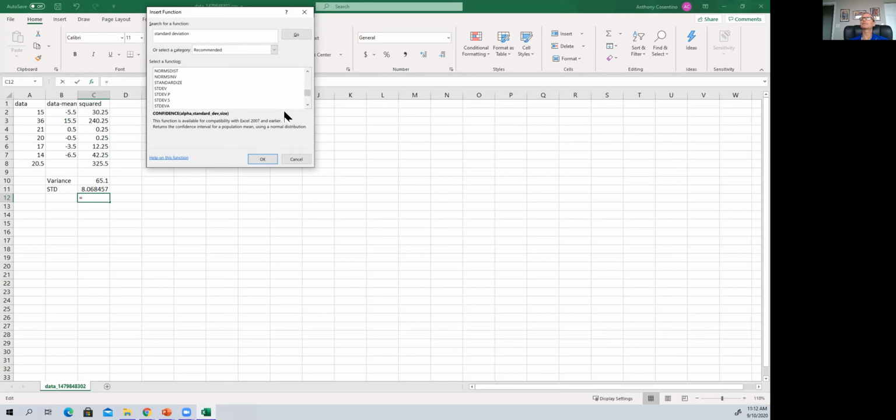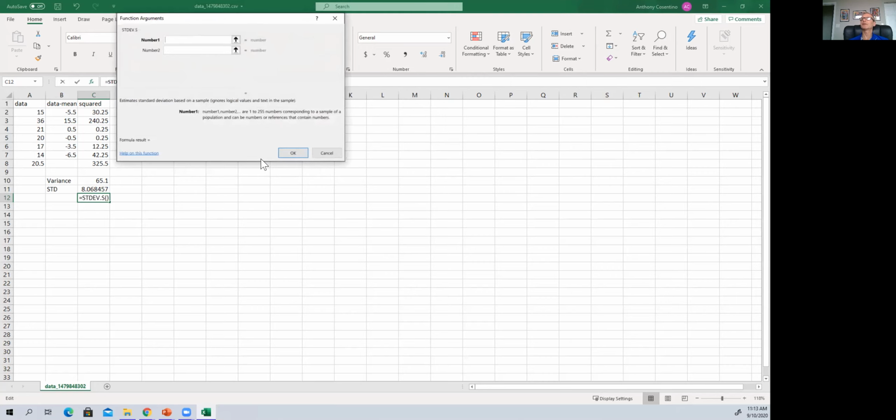In this case, you could use either one of those depending on what kind of data set you have. So let's use the S. You click on that, and obviously you have to be in the cell to get the number, and then you click OK. Again, the same strategy: you highlight all the data points that you want the calculation to use, just like we did in average.